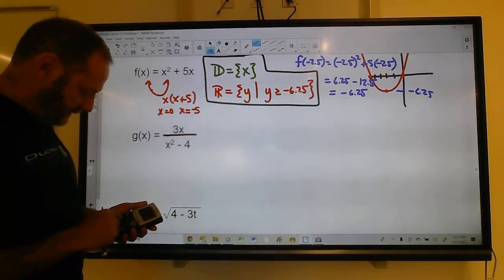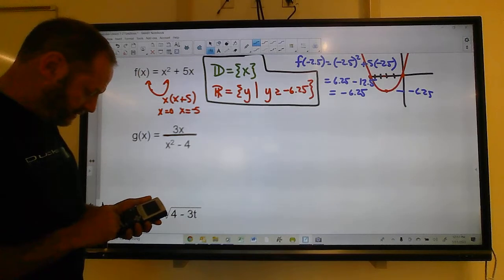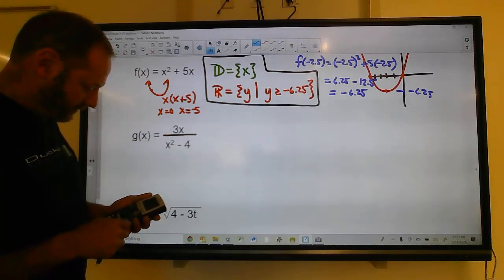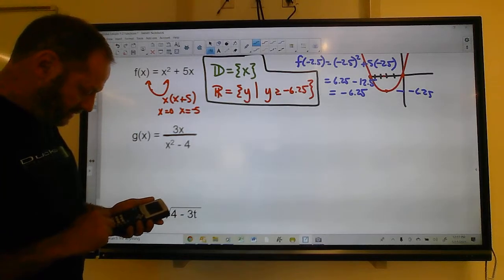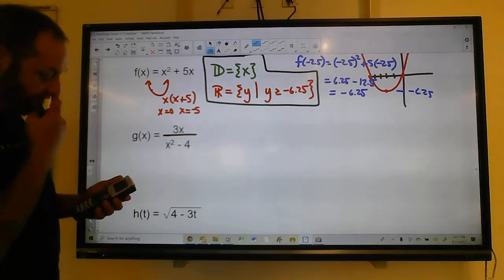So 3x divided by x squared minus 4. And make sure that you have a nice window that you can look at. And then hit graph.